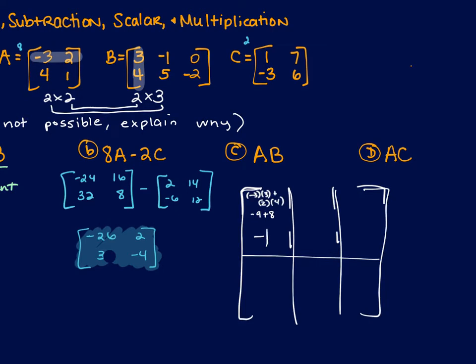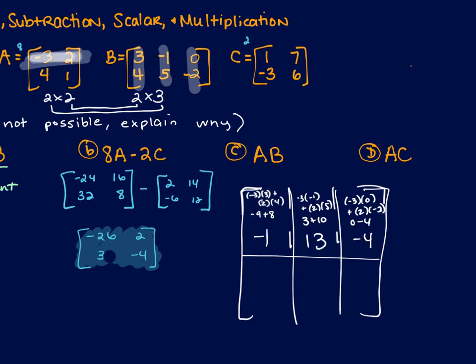Then I do row 1, column 2. So negative 3 times negative 1 plus 2 times 5, positive 3 plus 10, that's 13. Then I do row 1, column 3. So negative 3 times 0 plus 2 times negative 2. 0 minus 4, which is negative 4.